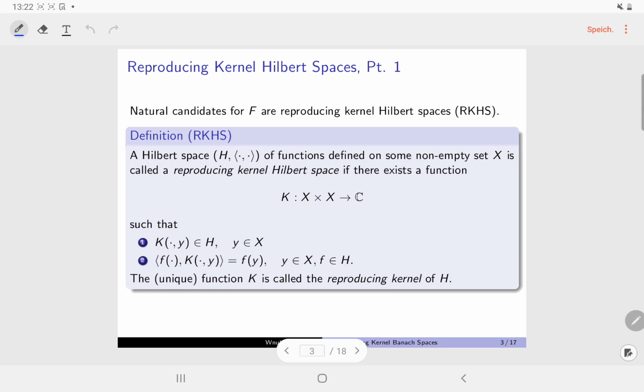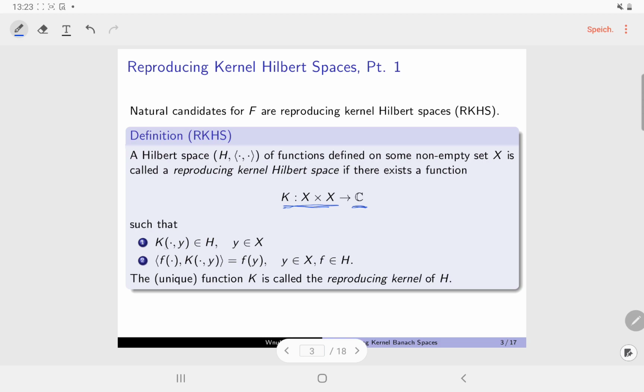A very favorable class of input spaces are reproducing kernel Hilbert spaces. So let me just shortly recall what a reproducing kernel Hilbert space is. Well, a Hilbert space of functions H, such that all of those functions are defined on some set X, is called a reproducing kernel Hilbert space if it admits a reproducing kernel. And the reproducing kernel K is a function which goes from X times X into C, such that it satisfies two conditions.